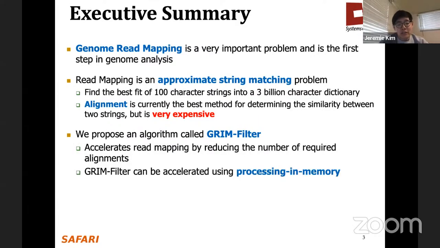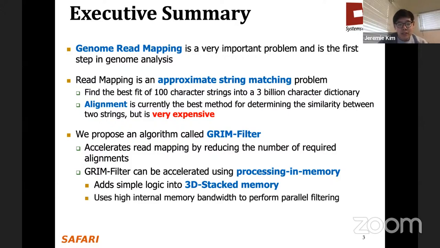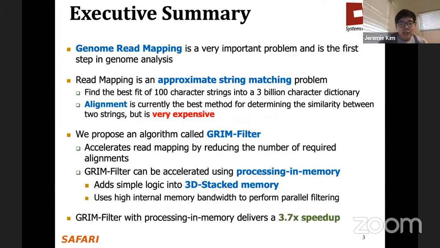And we design GRIM filter such that it's able to be easily accelerated using processing in memory, which is a technology that basically adds simple logic into a 3D stacked memory. And it has high internal memory bandwidth and enables performing parallel filtering. So with processing in memory, GRIM filter is able to deliver up to a 3.7x speed up.